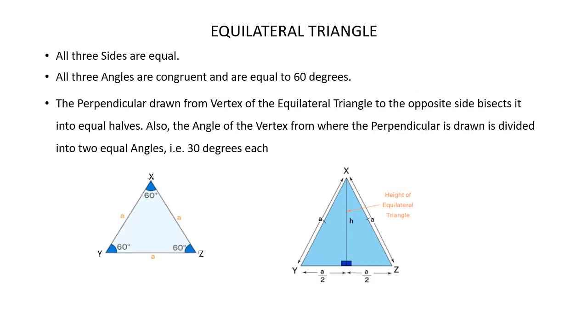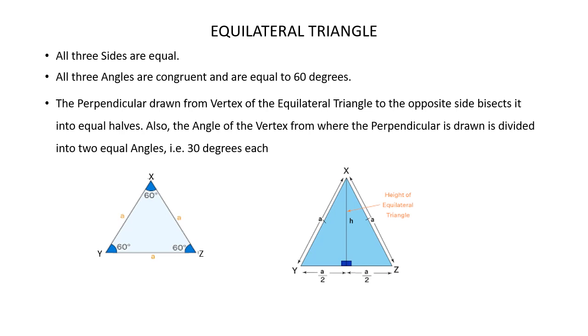Let's now learn about a few properties and formulae of different types of triangles. First, let's learn about equilateral triangle. In an equilateral triangle, all three sides are equal. All three angles are congruent and each of the angles is equal to 60 degrees.